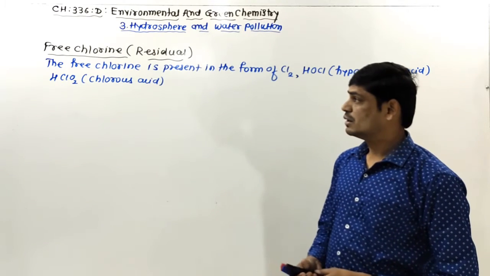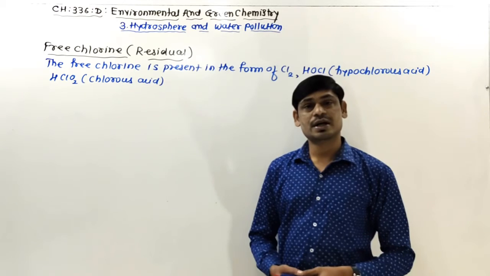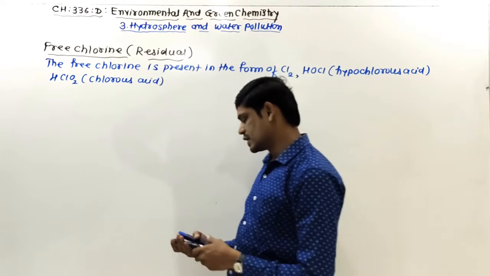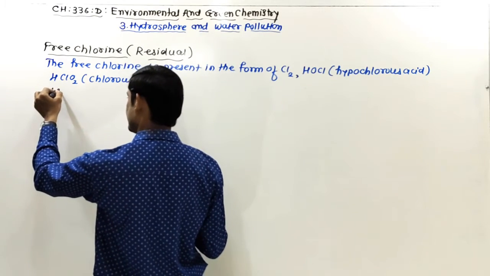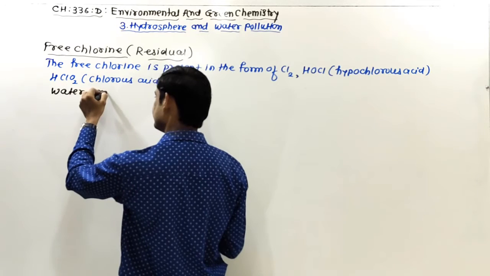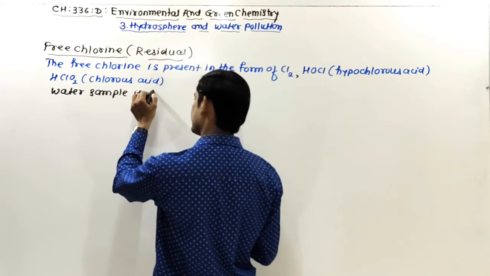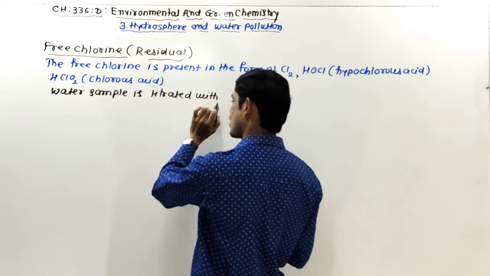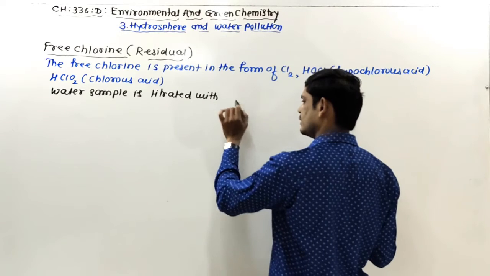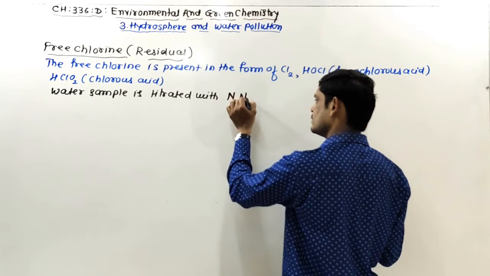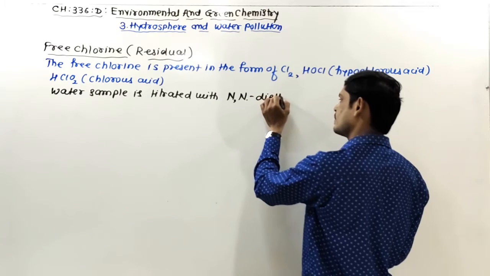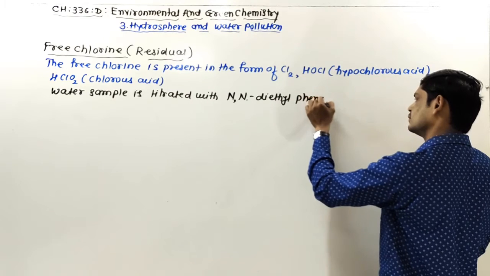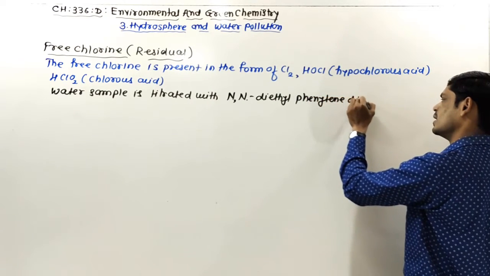Again, the free chlorine is determined by the titrimetric method, and for that purpose the water sample is titrated with N,N-diethyl phenylenediamine.